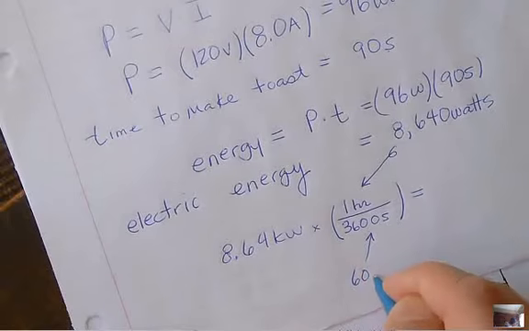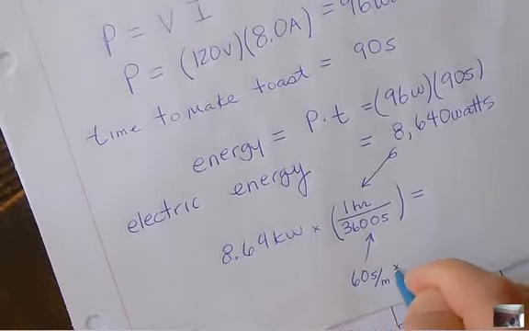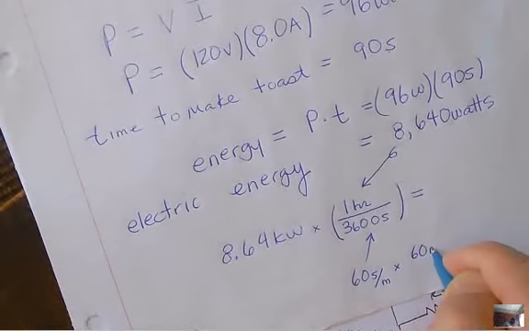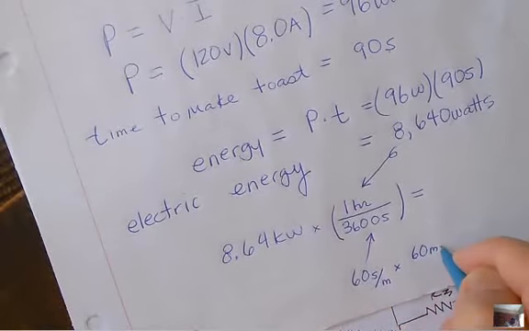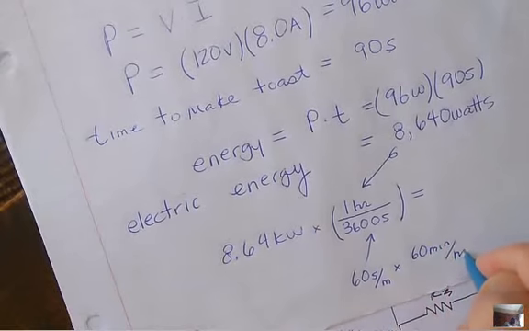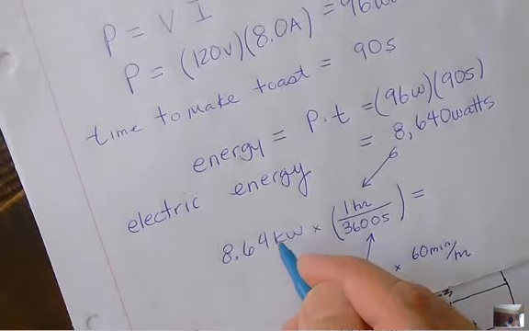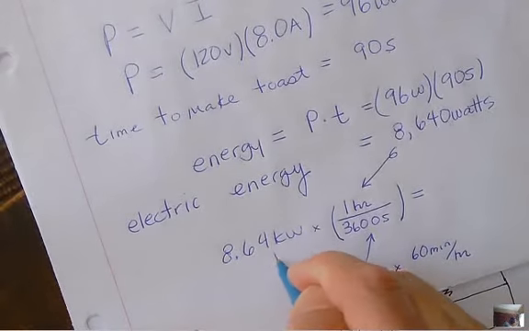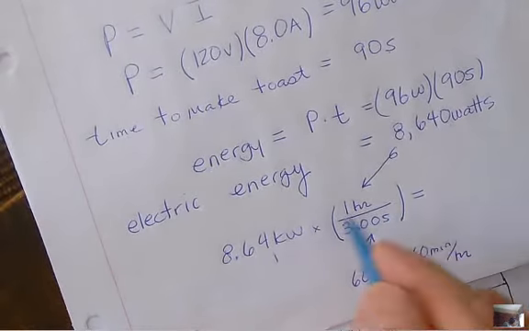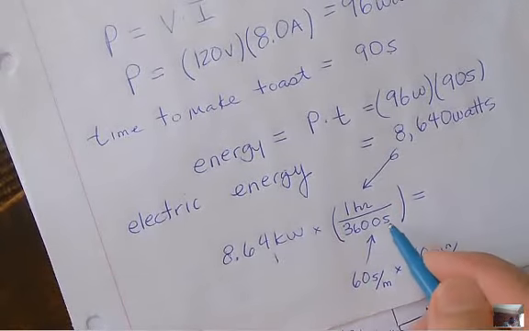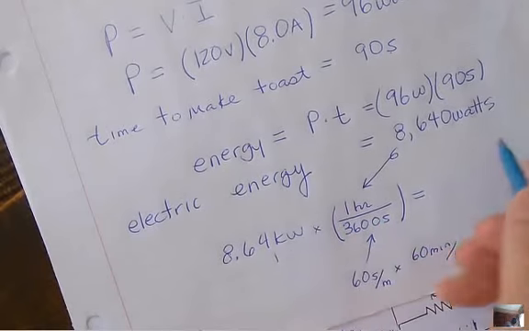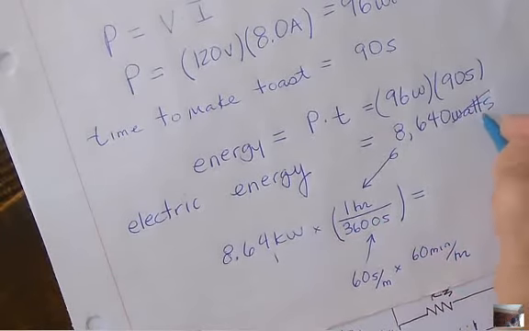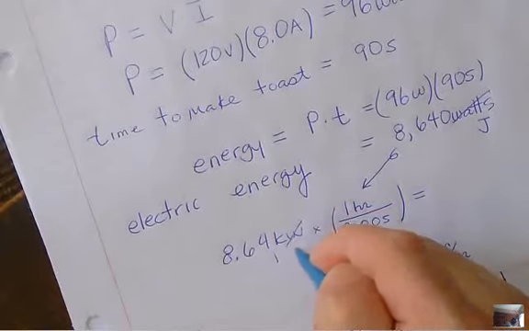Because there's 60 seconds in a minute times there are 60 minutes in 1 hour. So that's where the 3,600 comes from. So this, kilowatts, I'm going to leave it like that, because this is joules, and this is kilojoules.